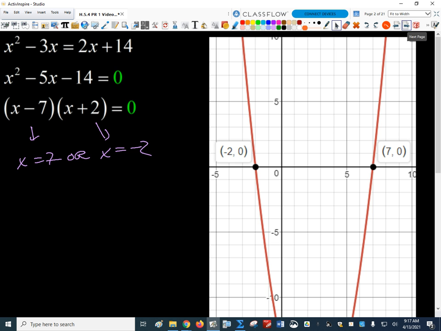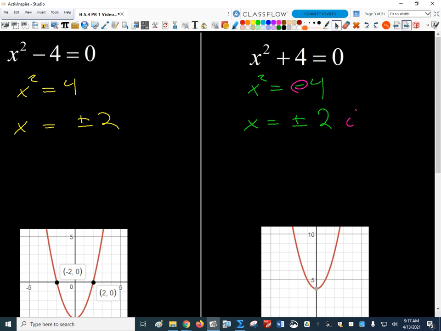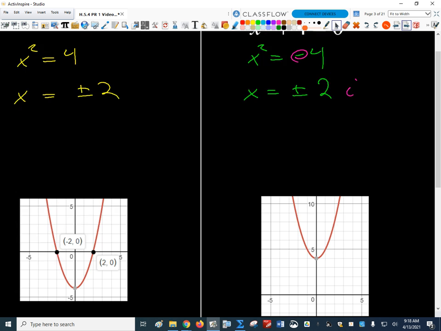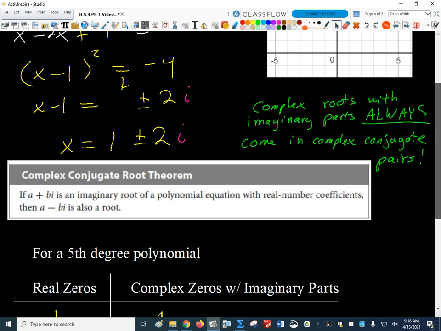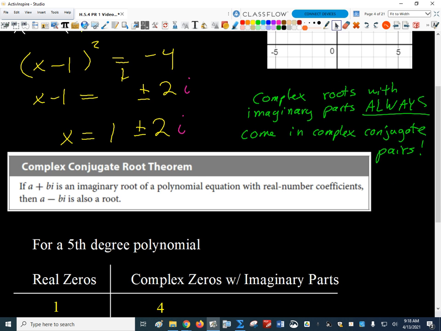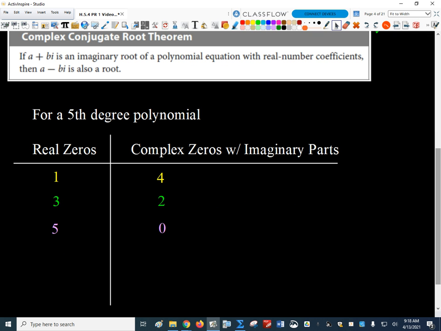We had a couple other little things that we added. The complex conjugate theorem tells us that imaginary roots or zeros always occur in complex conjugate pairs. They always come in pairs. So remember we said, if we had a 5th degree polynomial, there's only 3 possible outcomes for the types of zeros we could get.